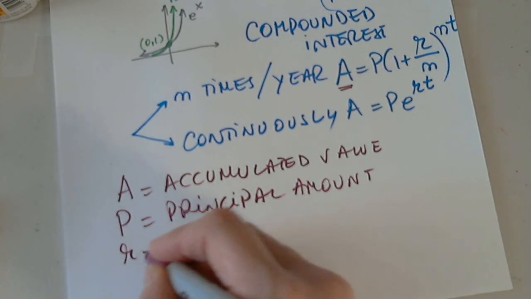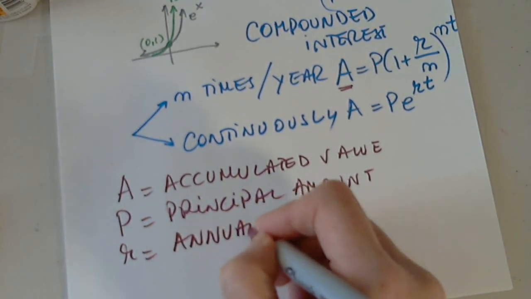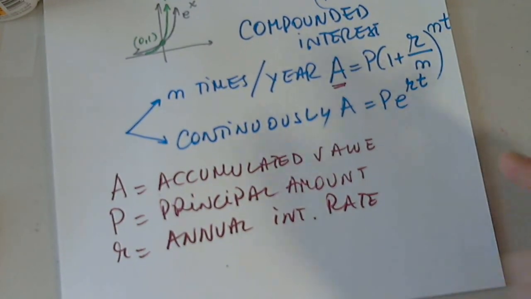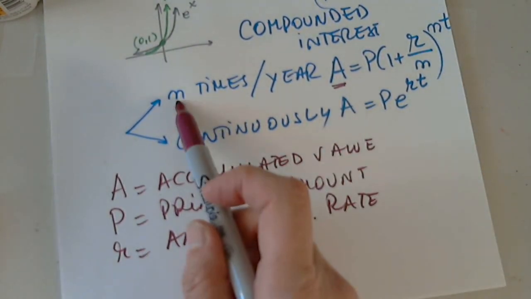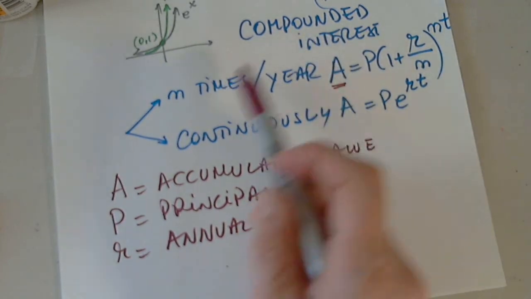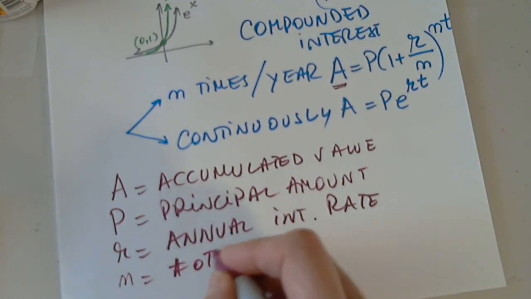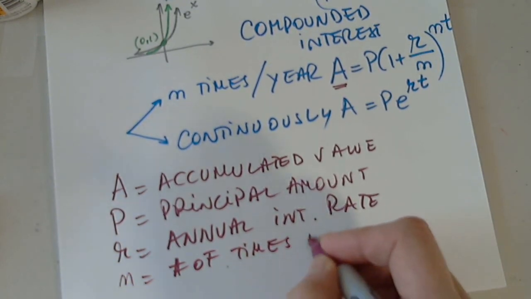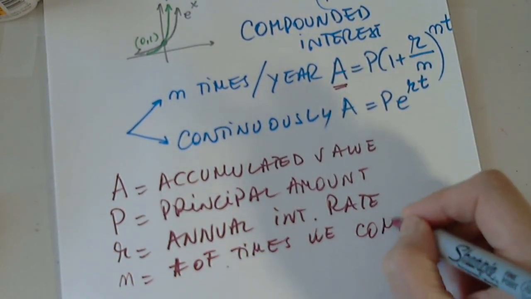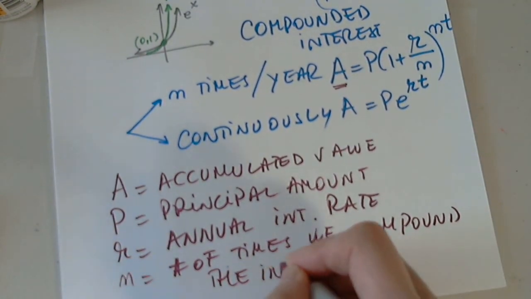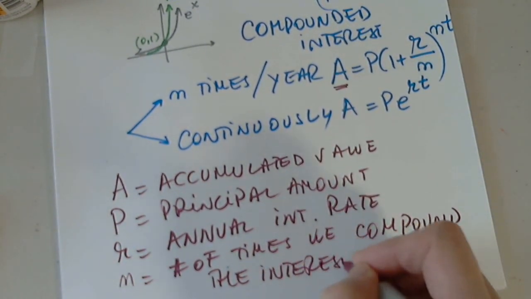Lowercase r is the annual interest rate. Lowercase n is the number of times we recalculate, we compound the interest, per year.